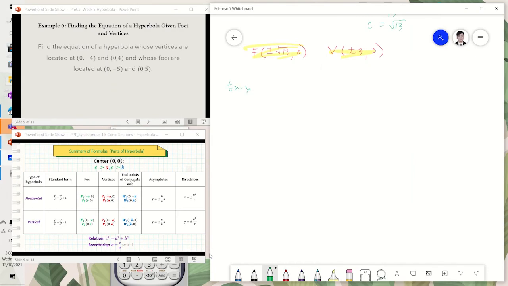Perhaps we can just write it as vertices at (0, ±4) and the foci (0, ±5). By looking at it, the x-coordinate is 0, so you can think right away that the center is at the origin. And the y coordinates vary, so that means it's vertical.